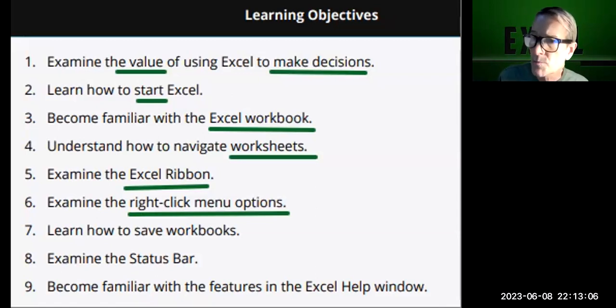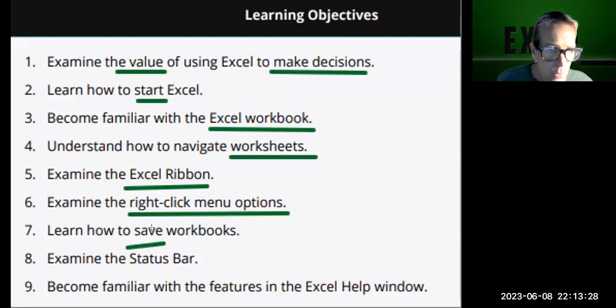When you use the right mouse button in certain places, certain options become available. These are not peculiar to Excel. Every Windows program has right-click options, but you need to learn the right-click options that are available with Excel.